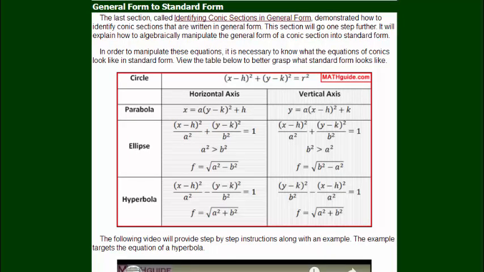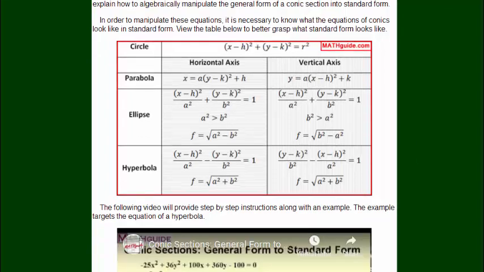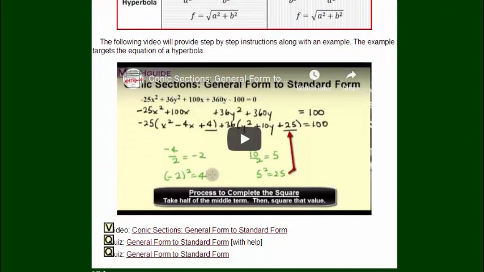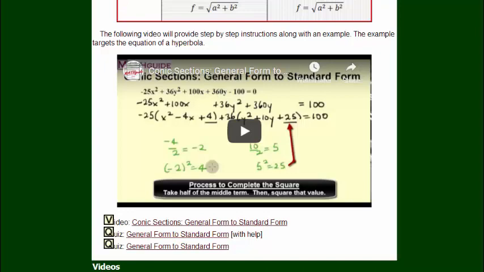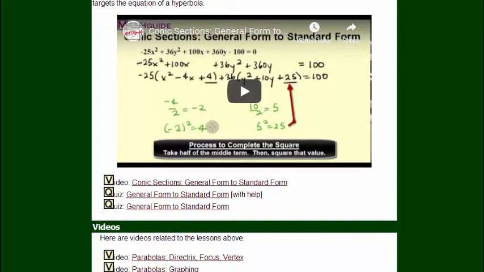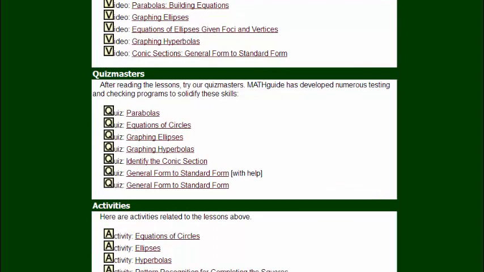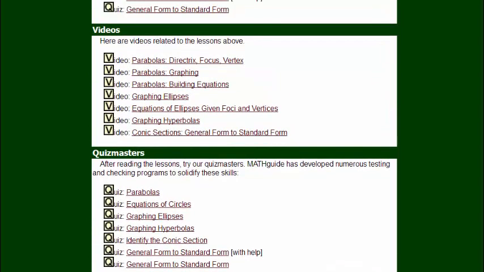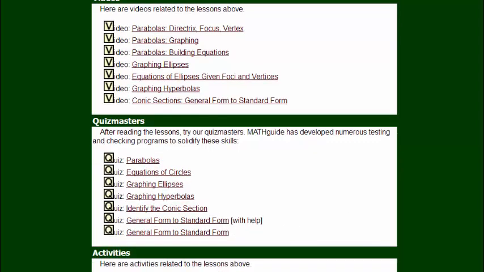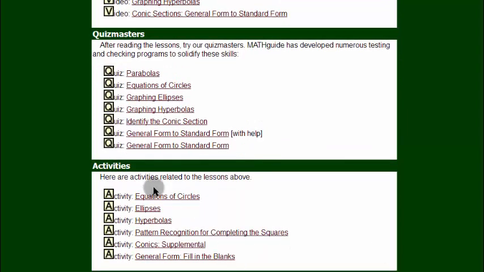For students who do not respond well to just the text or lessons written like this, the videos do a great job of explaining what's happening. If you scroll farther down, you'll see links to the relevant videos and quizzes; these quizmasters test for student understanding. There's also the activities here as well.